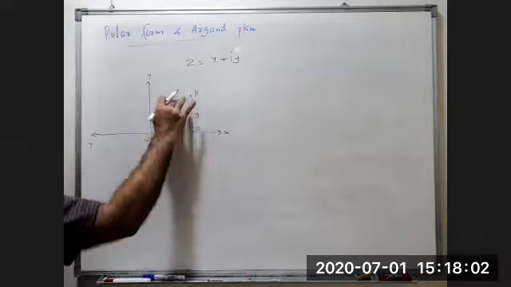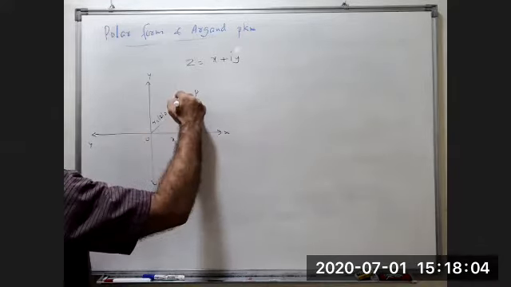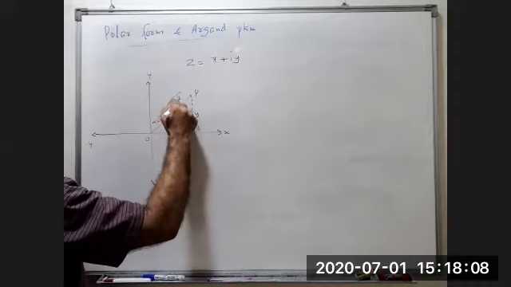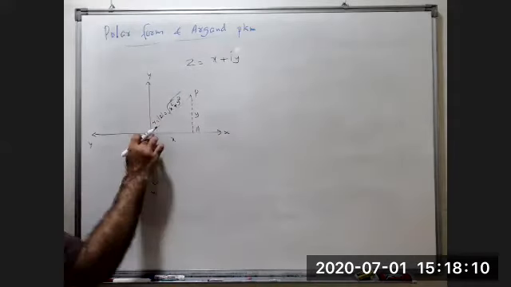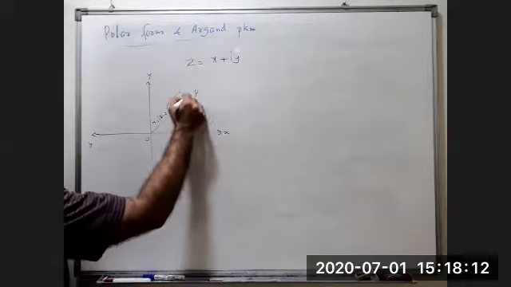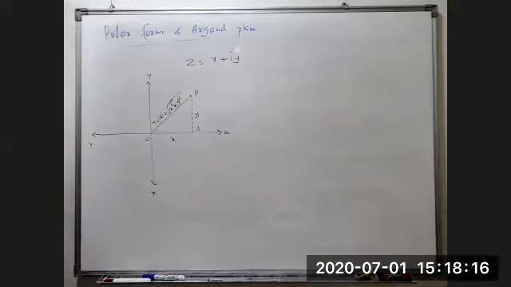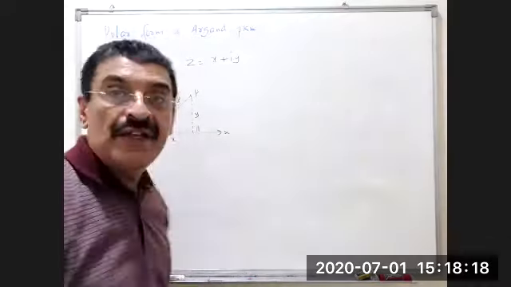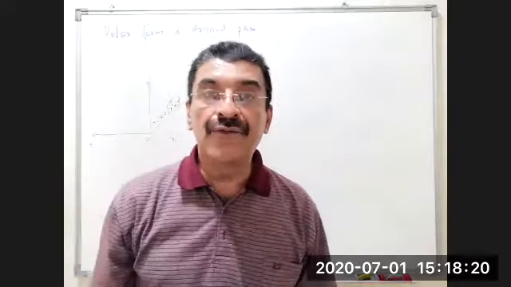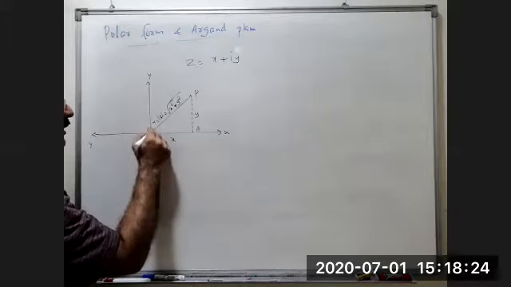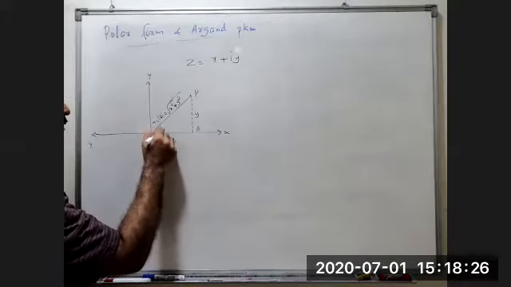Using Pythagoras theorem, if this is x and this is y, the length of OP is root of x squared plus y squared. So if a complex number is given as x plus iy, we can find the modulus, that is root of x squared plus y squared. Then this is theta.